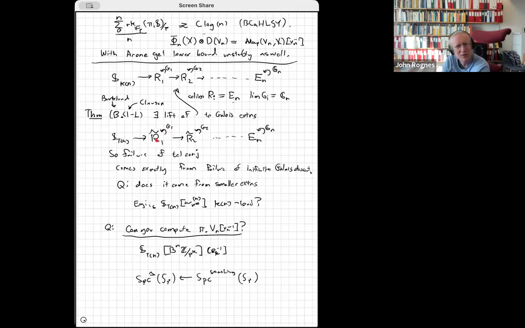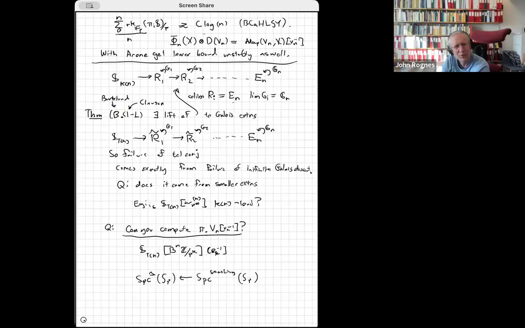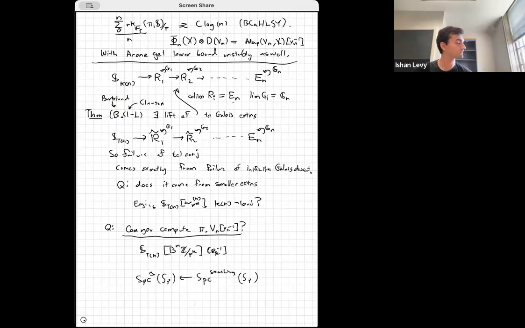is there any chance that some of the difference between the categories becomes simpler as you go up in the tower? I think it'll become a bit simpler, in the sense that it will get rid of the finite junk that would show up because of finite subgroups of the Morava stabilizer group.